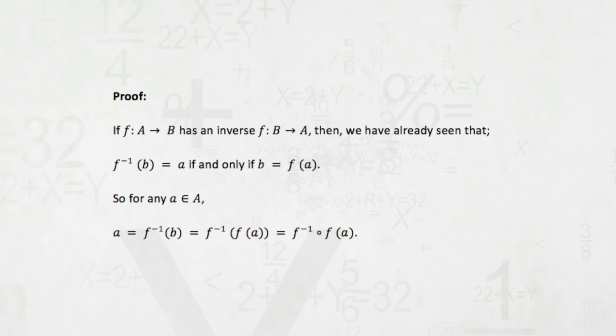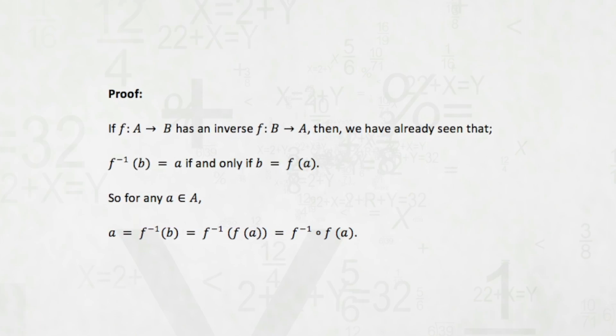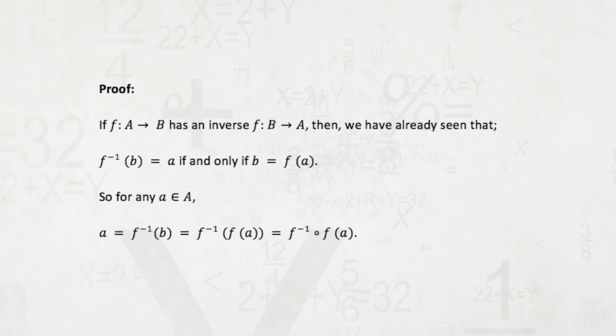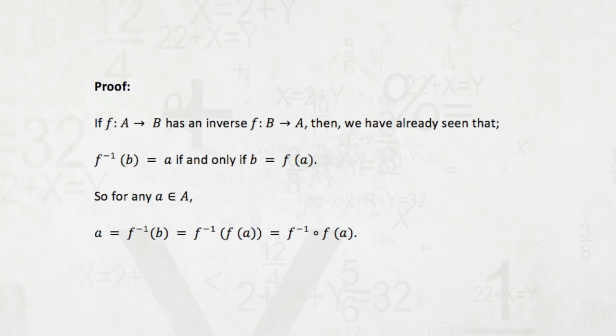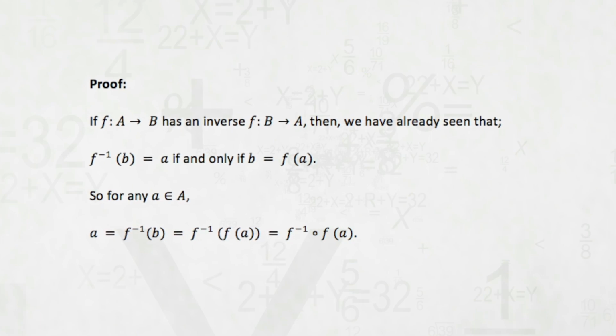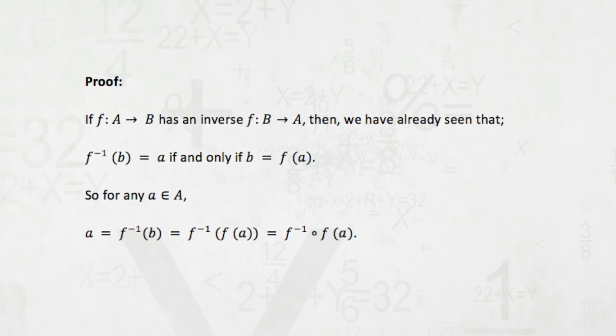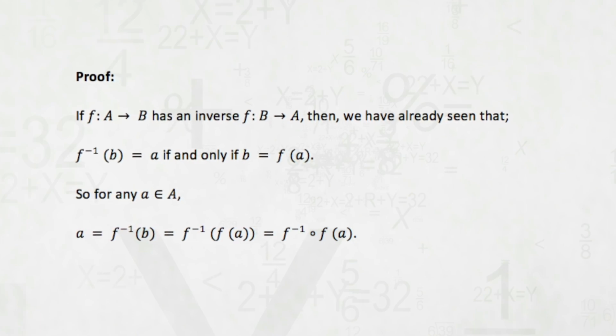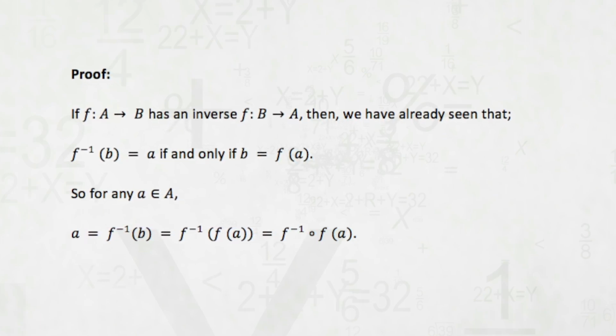If f from A to B has an inverse f inverse from B to A, then we have already seen that f inverse of b is equal to a if and only if b is equal to f of a. So, for any a belonging to A, a is equal to f inverse of b, which is equal to f inverse of f of a.